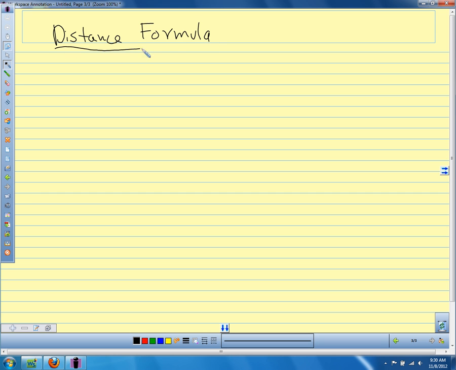So the distance formula is how we figure out, if we have points graphed, the length of a segment. If we have a polygon graphed, we want to figure out how long the side is.